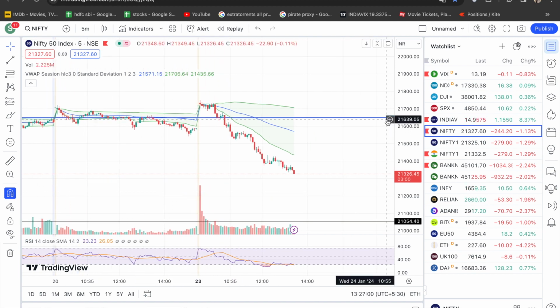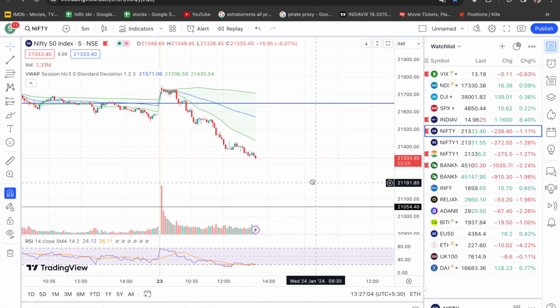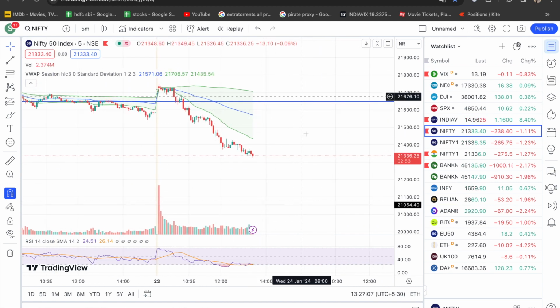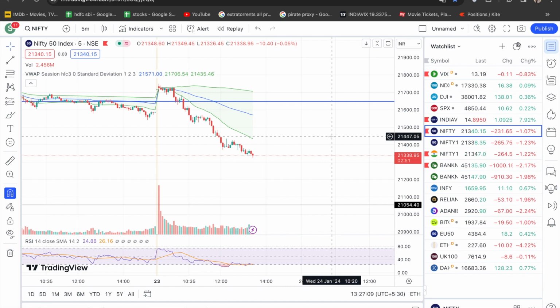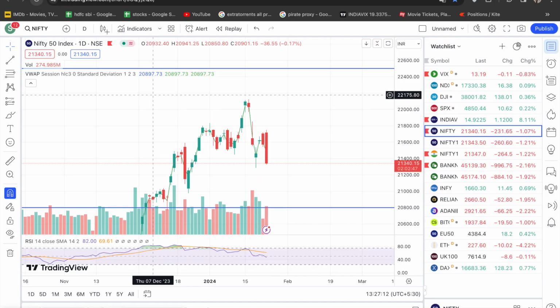So this is 21,645. Here's that mark, and here's the mark. So if the market in the next 2 days moves beyond these 2 points, then we will incur certain kind of profits. If it doesn't, then we incur some kind of losses.